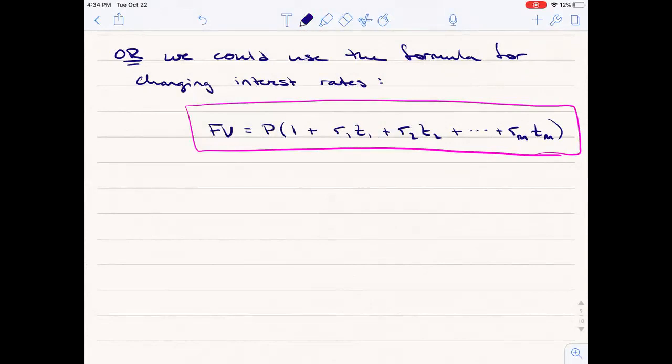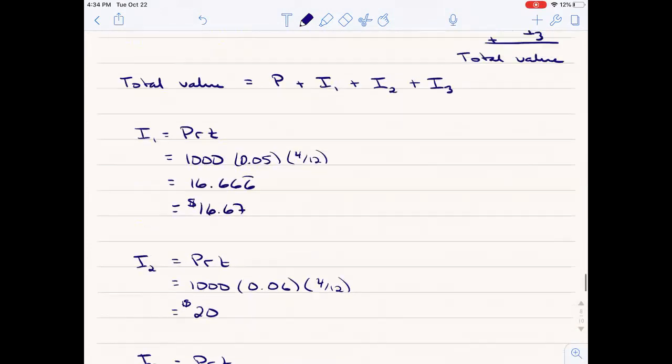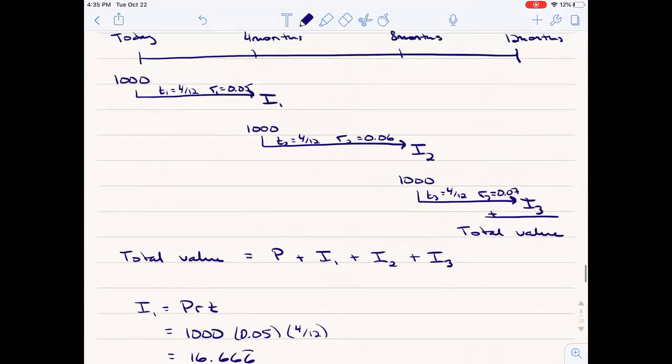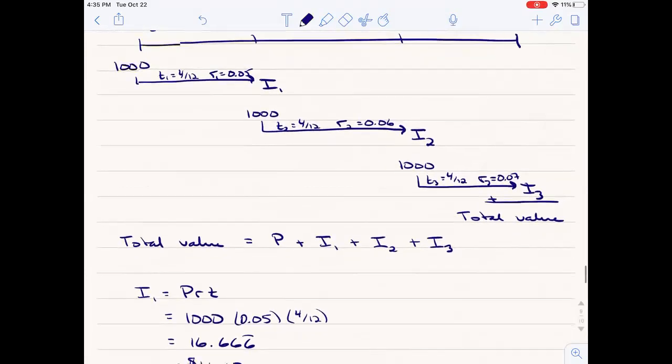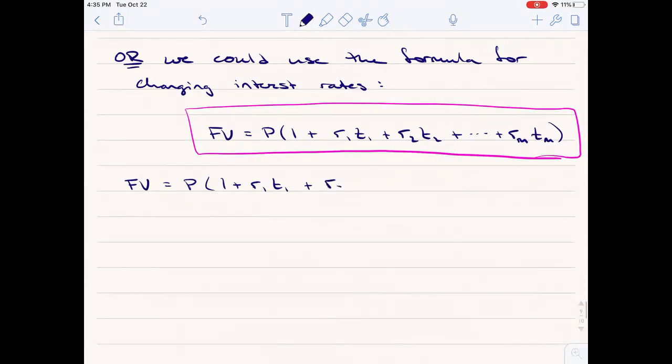So now, for us, the future value is P times 1 plus R1 T1 plus R2 T2 plus R3 T3. We only had 3 rate changes.